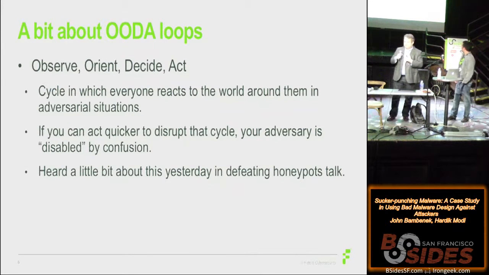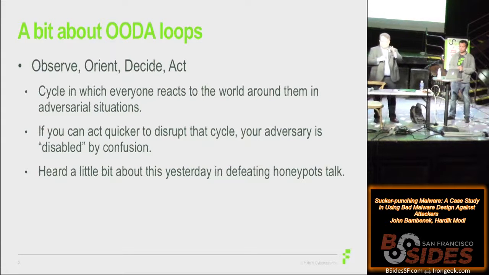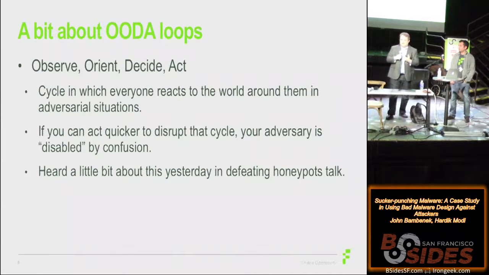They see something, a new data point, a new adversary, somebody engaging in new behavior, orient themselves to that reality, decide on a course of action, and then act. If you can get inside that loop, that mental process, it creates a de facto destabilizing factor for your adversary. So the key is to act in a way that's faster than those adversaries.